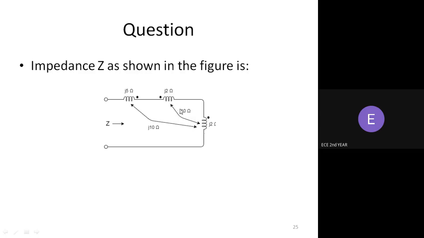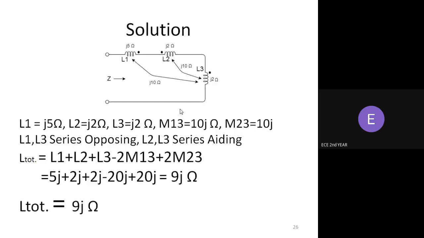So the solution of this problem is, L1, L2, L3 are three inductances with their individual self inductances 5j ohms, 2j ohms, and 2j ohms. So mutual inductance between L1 and L3 is 10j, and consider their dots. So L1 is having a dot here, L3 is having a dot here.